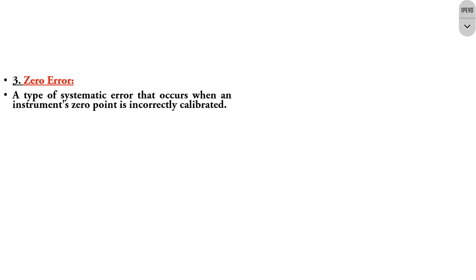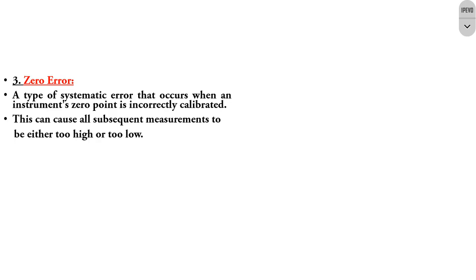There is bound to be error in that measurement. So it is a type of systematic error that occurs when an instrument's 0 point is incorrectly calibrated. This can cause all subsequent measurements to be either too high or too low.